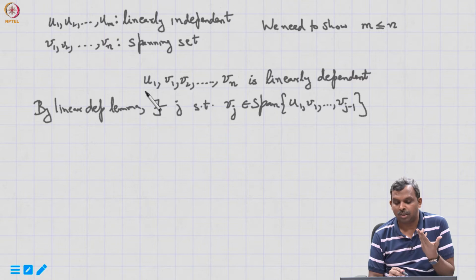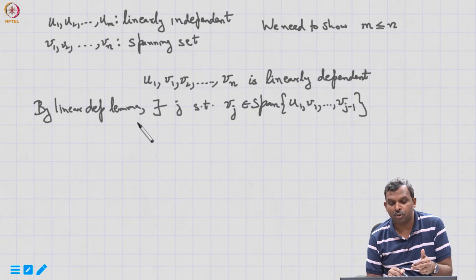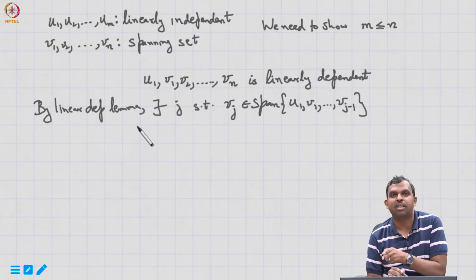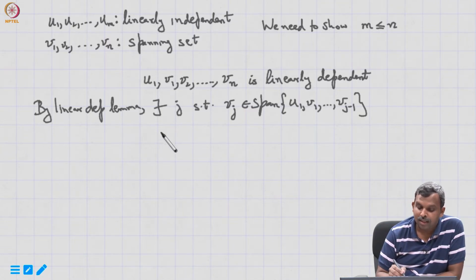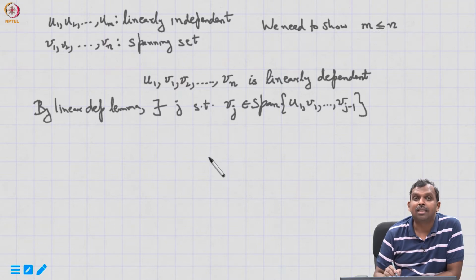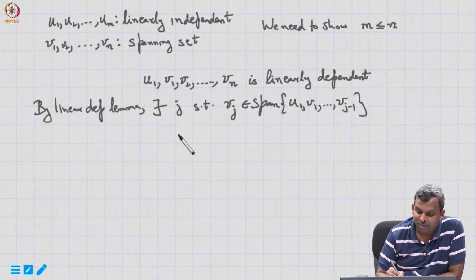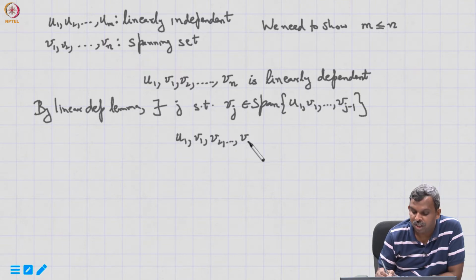So if you use this linear dependence lemma, there has to be a vj which is a linear combination of these things. So what I will do is drop the vj from the list, and I know my span still remains the same. So I will have this nice result that u1, v1, v2, and so on till vj minus 1, vj plus 1, up to vn is a spanning set.